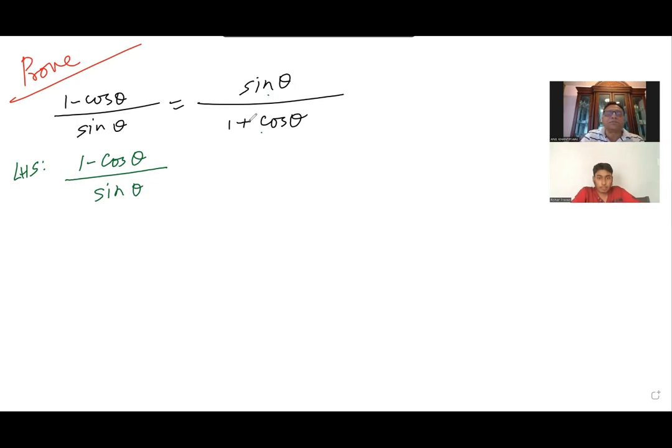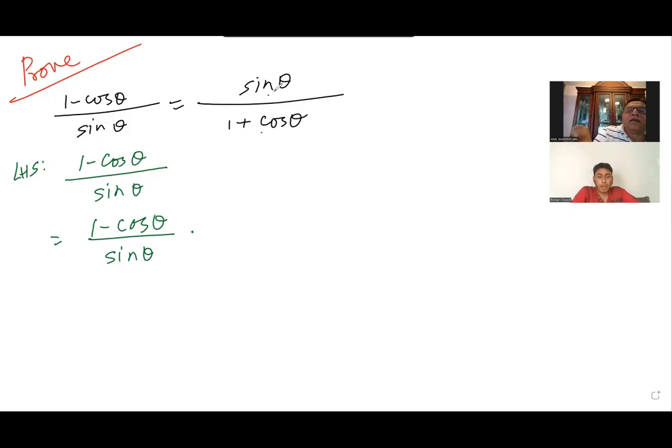How can we get that? Do you have any idea? We could multiply by the conjugate of 1 minus cos theta, which is 1 plus cos theta. Do you understand? Yes.